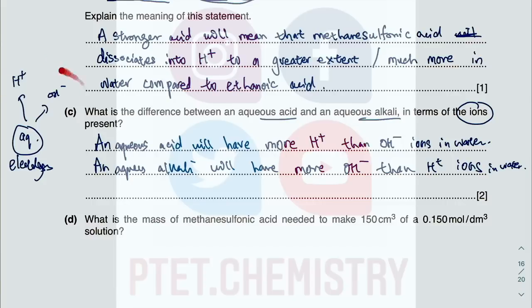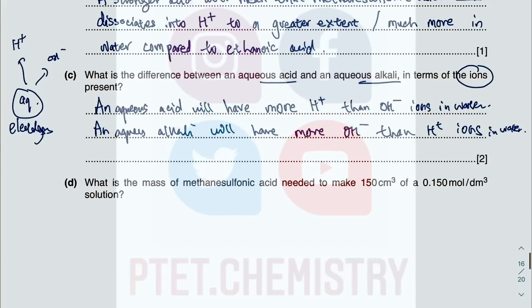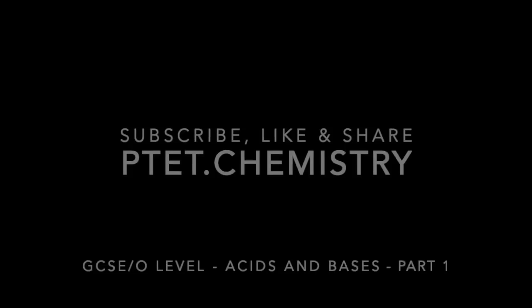Water contains both H plus and OH minus. Water has neutral pH, right? That's because the number of H plus balances out the number of OH minus. When you have an acid environment where the pH is lower than 7, you simply have more H plus than OH minus. And the other way around for an aqueous alkali, right? So I hope that makes sense to you.